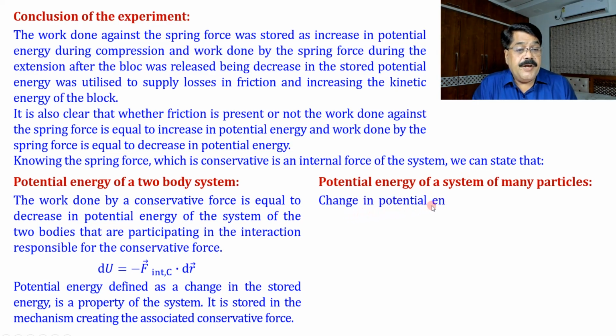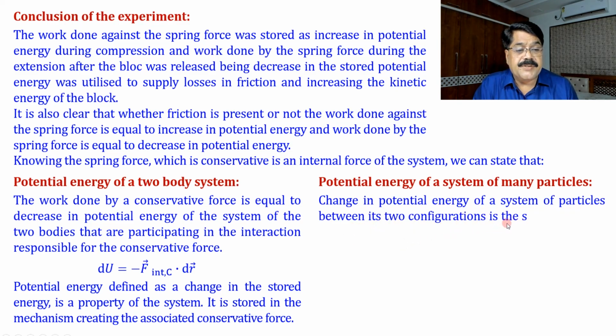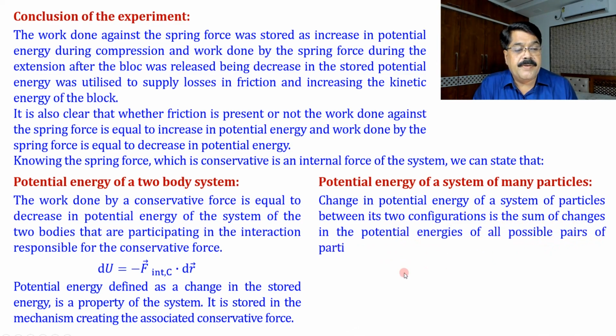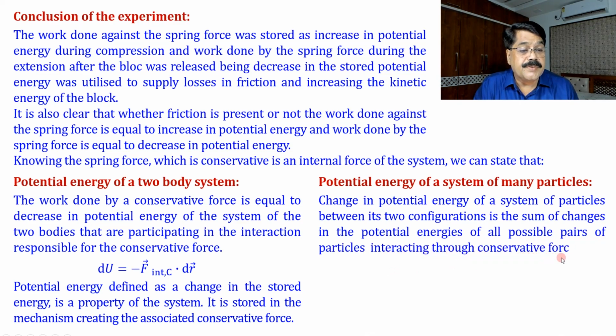Change in potential energy of a system of particles between its two configurations is the sum of changes in the potential energies of all possible pairs of particles interacting through conservative forces. That is very important. Of course, we may have n particles.